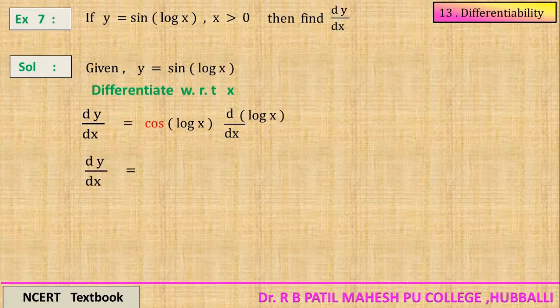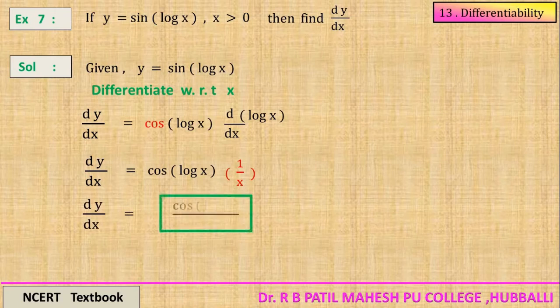Next is cos log x as it is, and the log x function derivative is 1 by x. So rewriting, you will get cos log x divided by x. So this is the solution or derivative answer for the given f of x.